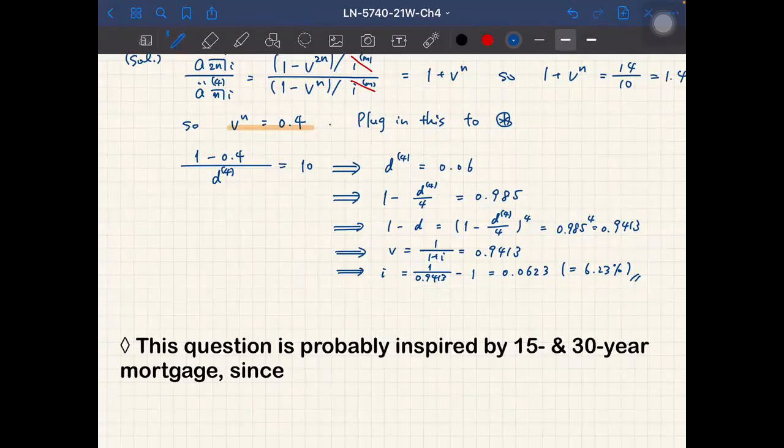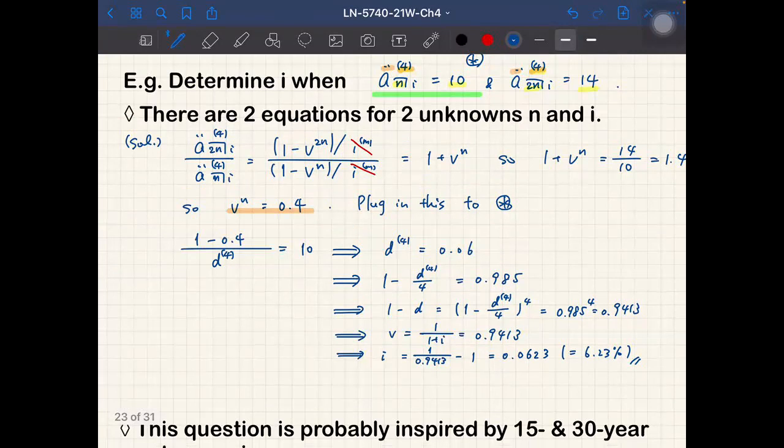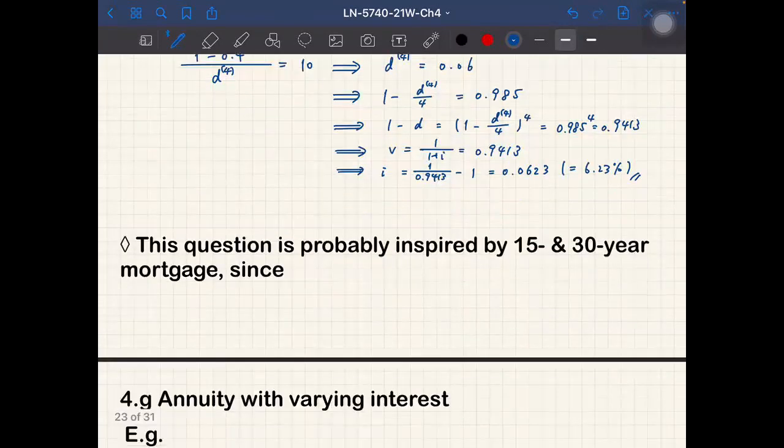So how about n? Actually, we can also calculate n. We have 2 equations for 2 unknowns, n and i, so we can derive n. Since v to the power n is equal to 0.4, and v is equal to 0.9413, 0.9413 to the nth power is equal to 0.4.